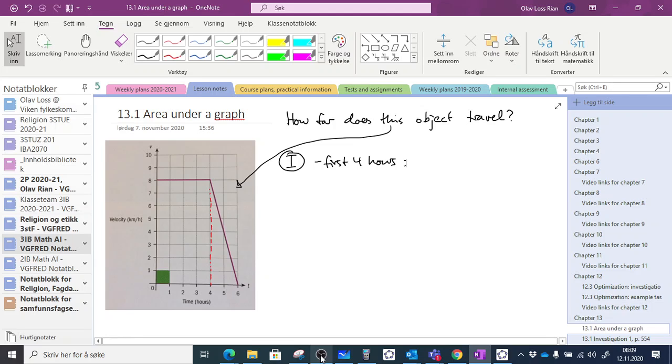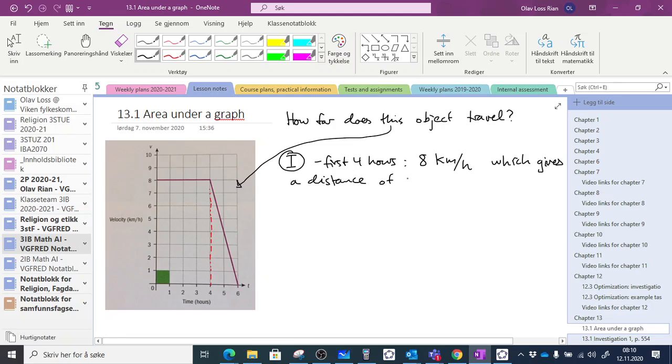So the first 4 hours, this object travels at 8 kilometers per hour, which gives a distance of, well, let's think about this.